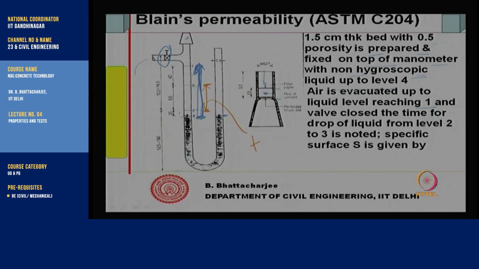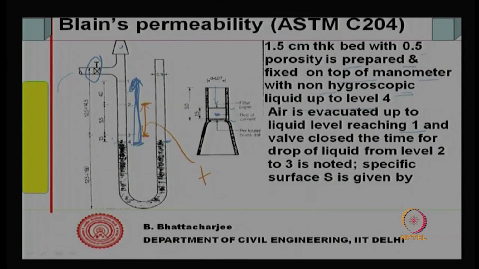What you do is, you suck it up or evacuate it such that this liquid reaches here, then it will start falling. The moment it reaches here, you start your stopwatch and stop the stopwatch at this point. The time is noted. The square root of this time is proportional to specific surface.